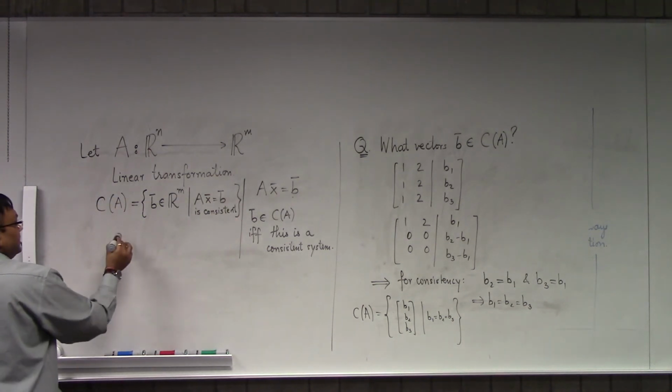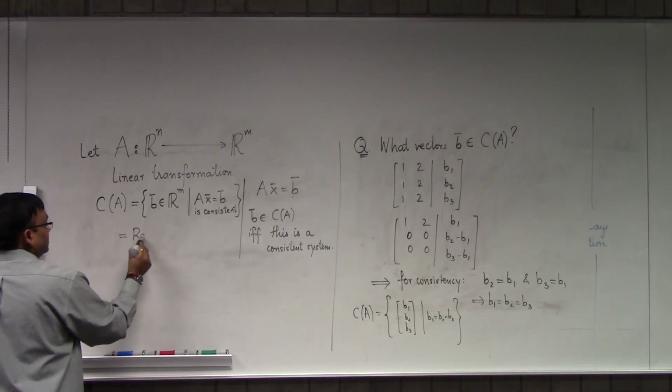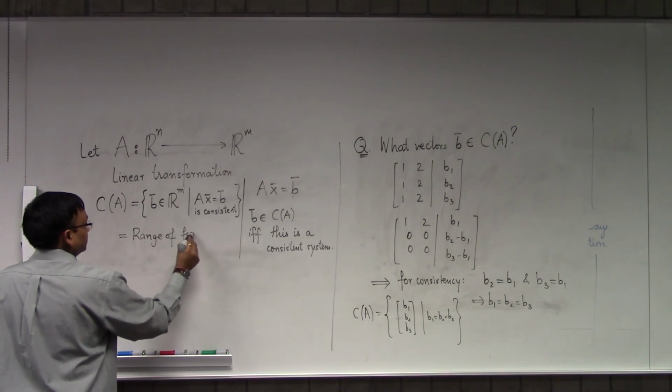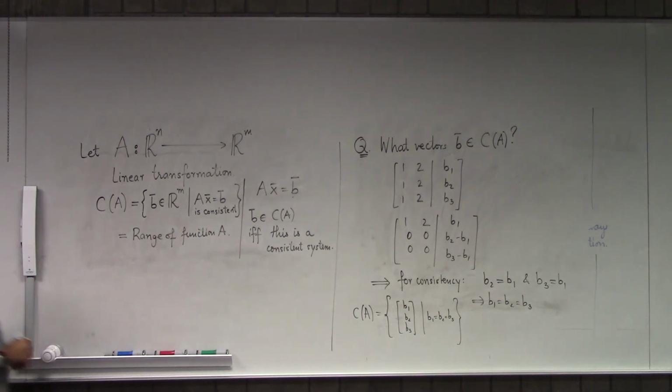In other words, isn't this what we call the range of the function A? So column space is nothing else but simply the range of this linear function.